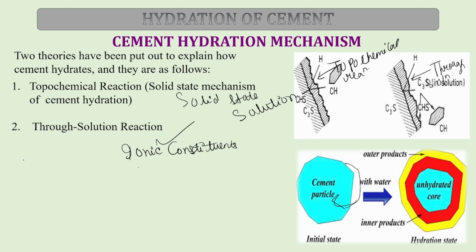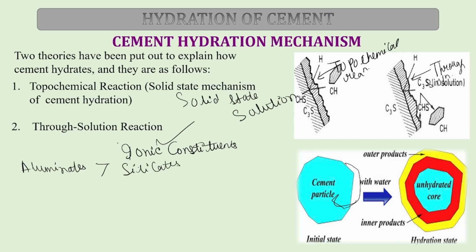The rate of hydration is different for all the cement compounds which you have already seen, that is C2S, C3S, C3A and C4AF. The aluminates hydrate at a rate that is significantly higher than that of silicates.